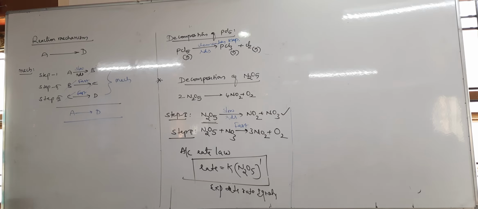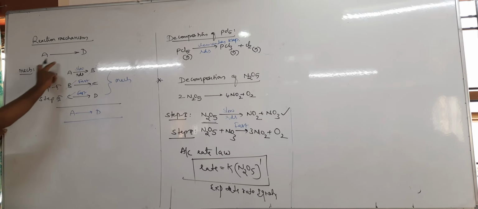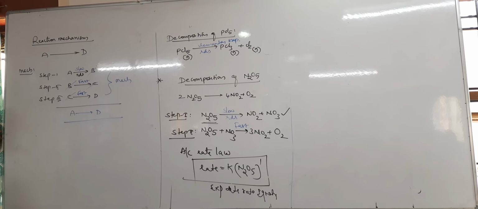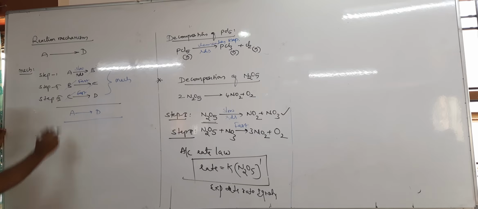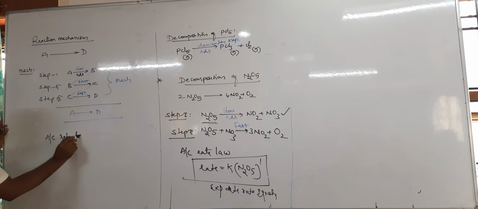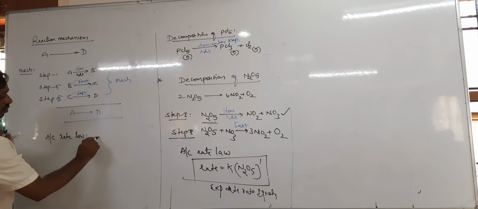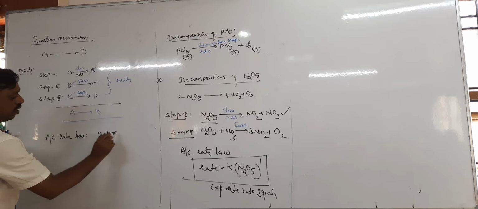So take this general example. A gives rise to D, a reaction which takes place in 3 steps, 1, 2, 3. Take the 3 steps and apply the rate law. So tell me, according to rate law, what is the rate? Come on, tell me. Rate equal to what?